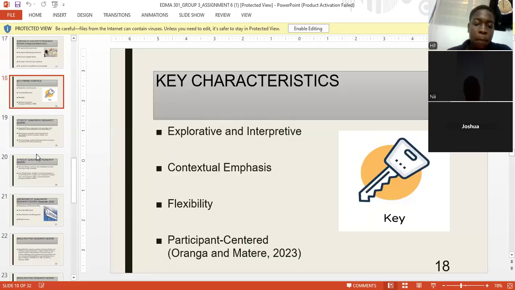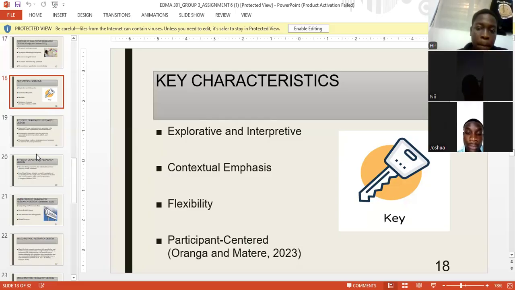some key characteristics, right? And the first one is it is explorative and interpretative. Yes. So the qualitative research design tends to explore beyond the data we have, right? Beyond the research, beyond just the numerical side.